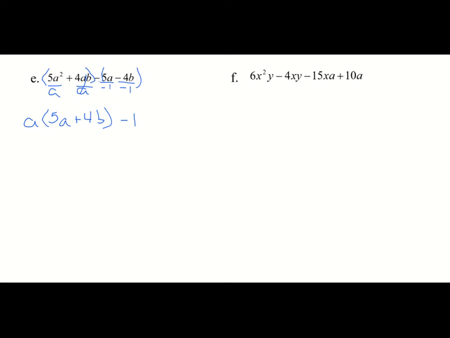Here we had to do a negative 1. 2 negatives make that a positive 5a. 2 negatives there make that a positive 4b, which is nice because if I look, now again, I have a common factor here. So I'm going to factor out now 5a plus 4b, and again, don't throw it away.